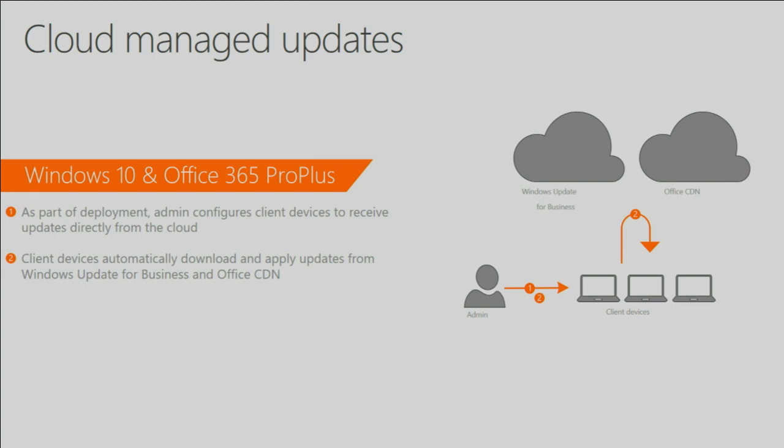So in general, when you think about what SCCM and WSUS are doing, they're delivering updates. That's one part of the story. The other part of the story is providing insights and providing a dashboard where you can actually view the status and the compliance of your devices, right? So in the cloud world, we have Windows Analytics Update Compliance, right?